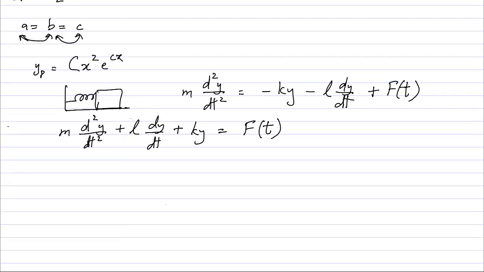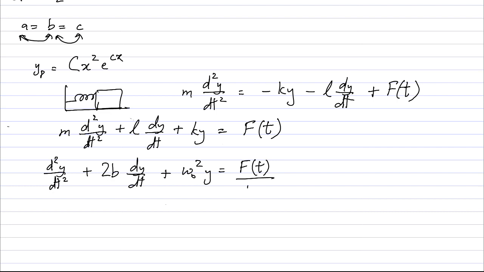Then you can divide throughout by m, and define as before 2b as L over m and omega naught square as k over m, and that will give you this thing. Over here I'll have f of t over m.